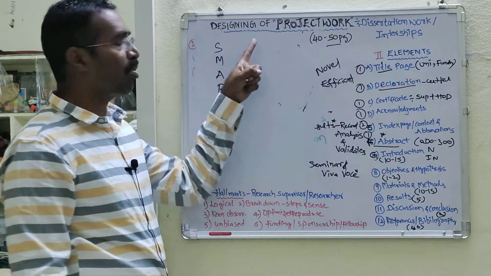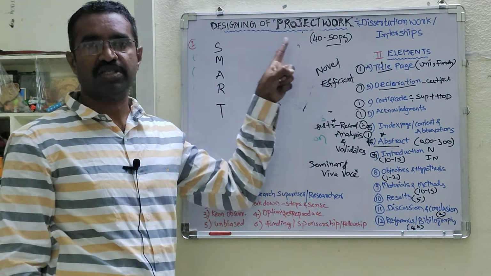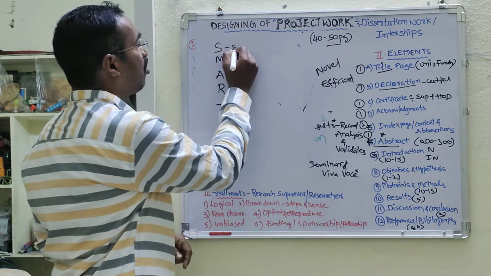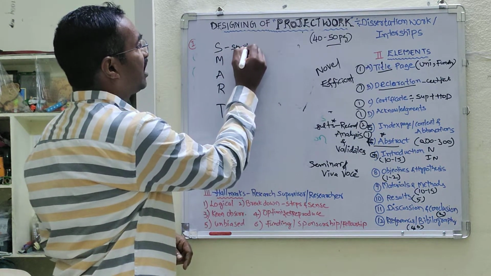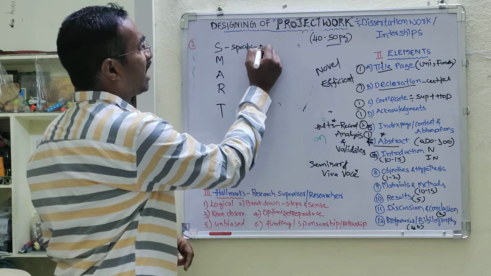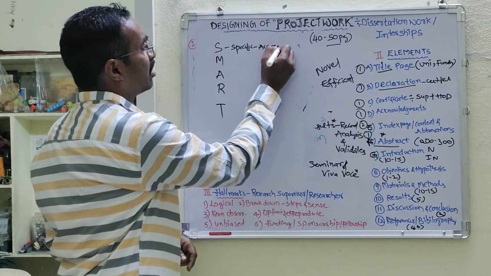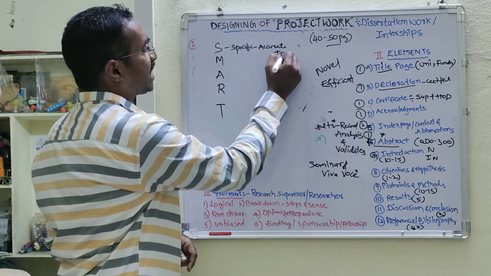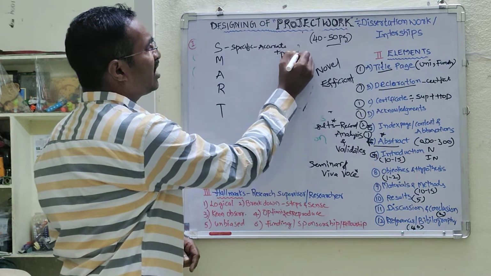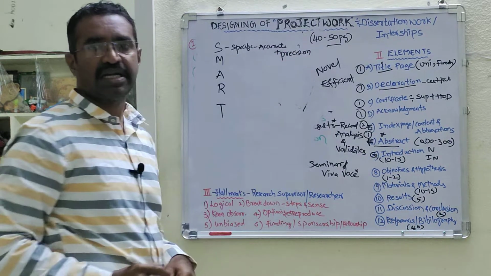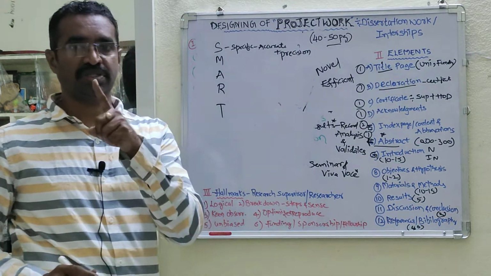Always, the research problem which you select for this project work should be specific. Specific is nothing but it should be accurate and precise. It should be very specific, not generalized. You have to keep this in your mind.